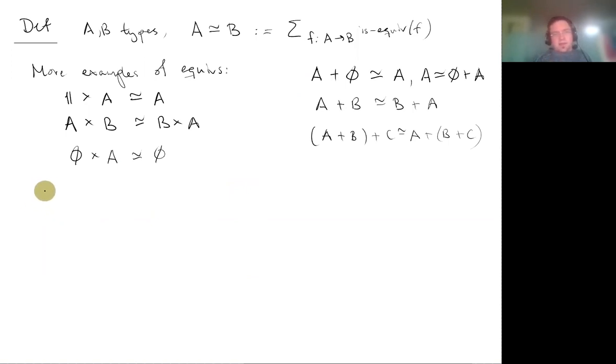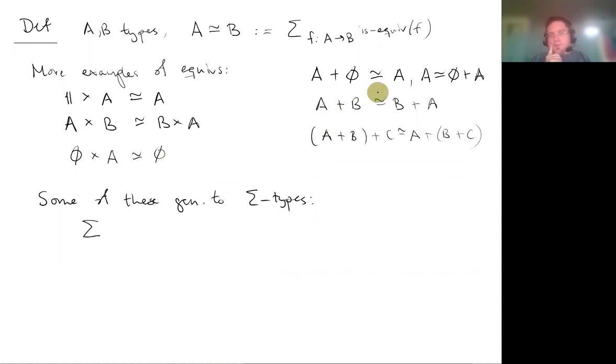Let me just mention one thing. Some of these generalize to sigma types. Sigma types are like dependent products, where the second component depends on the first. So before, I wanted to generalize.